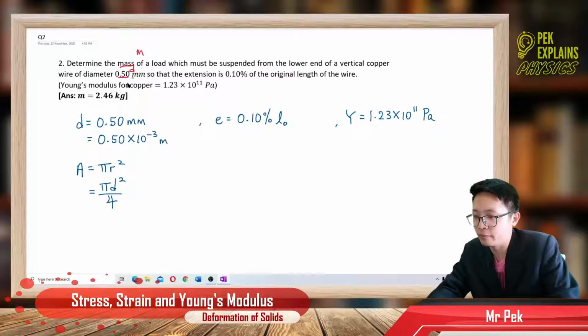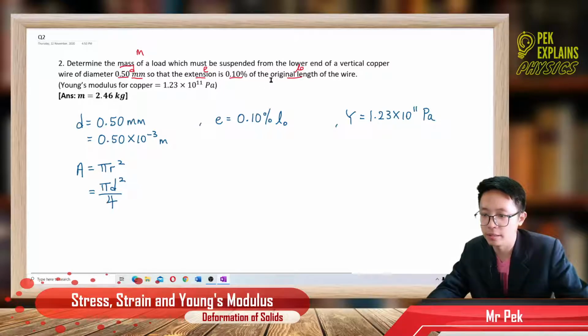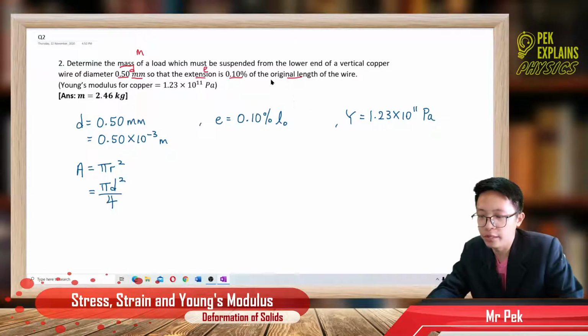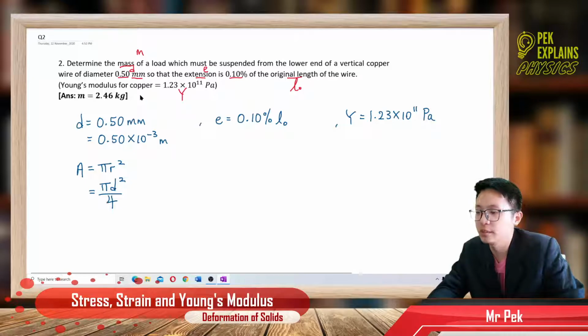Okay, in mm, we need to change to SI unit. Extension, this is the elongation, 0.1% of the original length. Okay, L naught. This is the L naught. Careful. So this is what we want to find. This one is the L naught. Give the percentage there. Young modulus given there. Okay, this is the Young modulus.